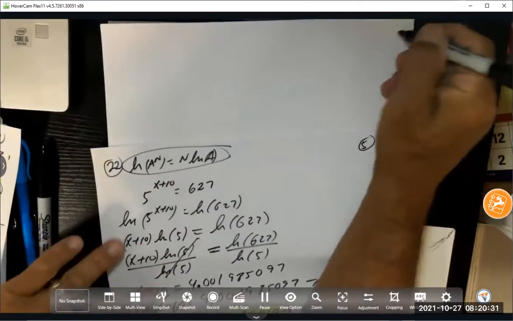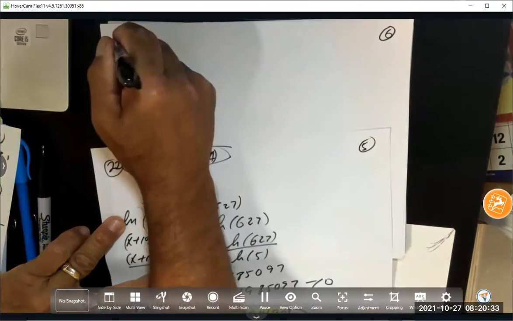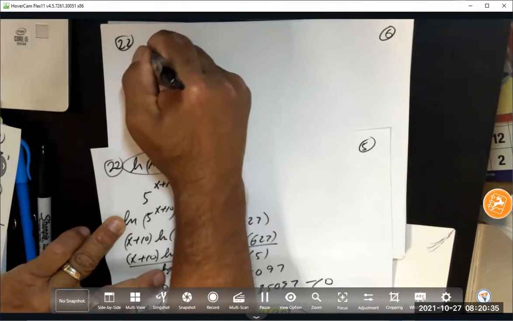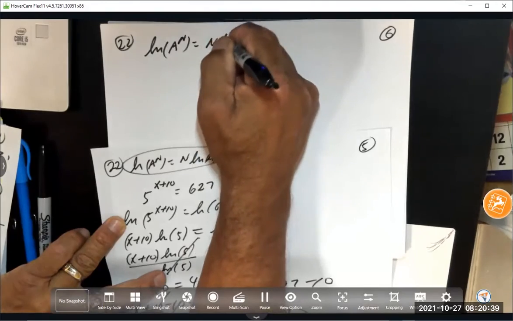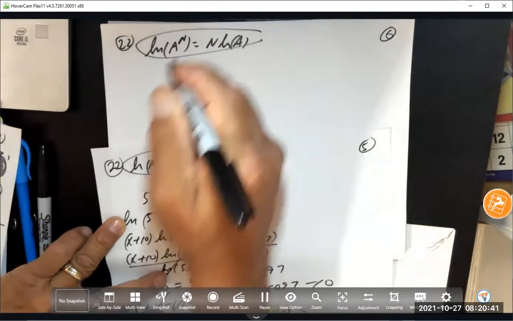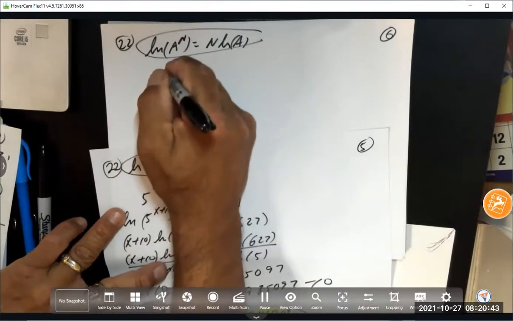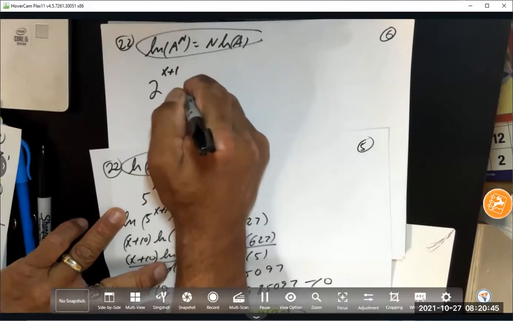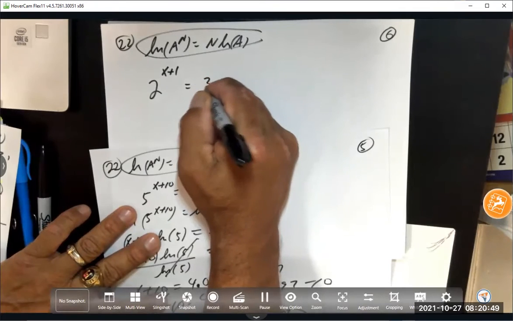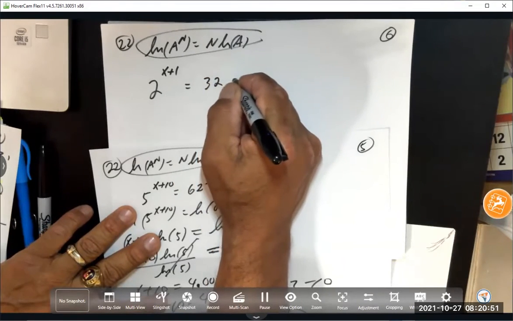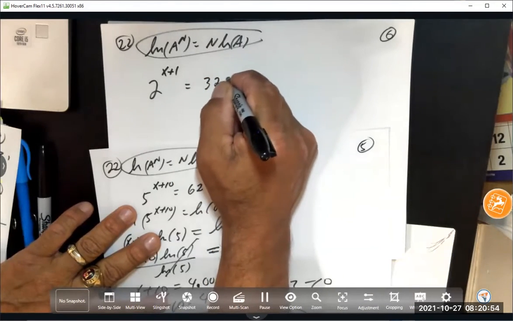Page number 6. This is 32, and we're gonna use the same formula. Log of a to a power is n log of a. So let's say 2 to the x plus 1 equals, I don't know, 32,400.